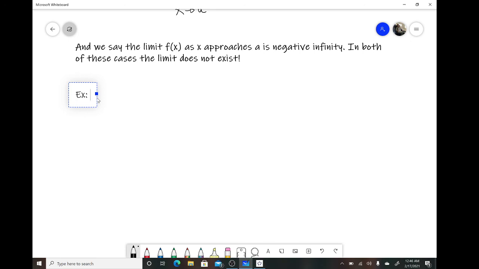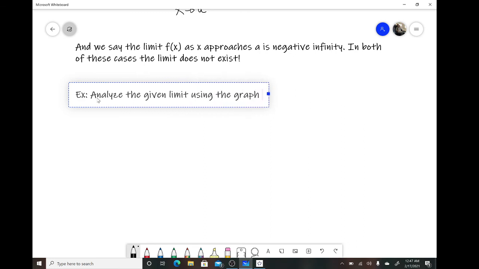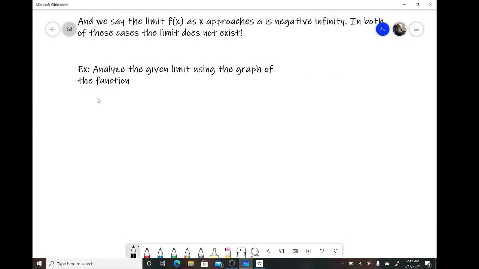Okay, so let's see. We're going to analyze the given limit using the graph of the function. And the limits given are the following.